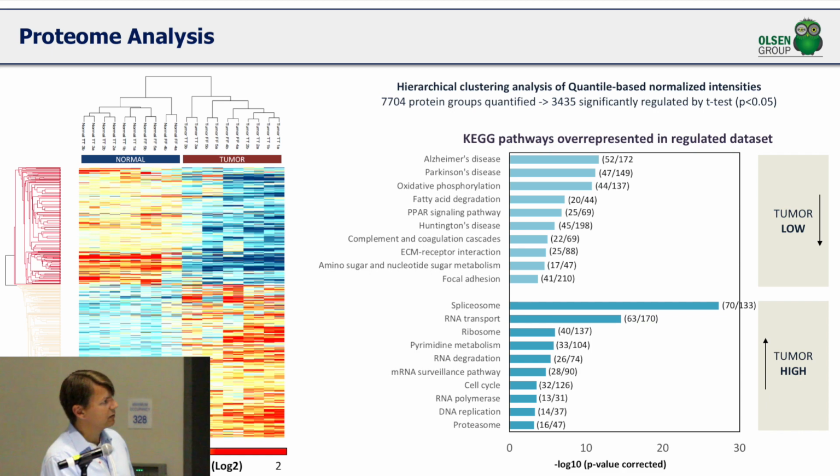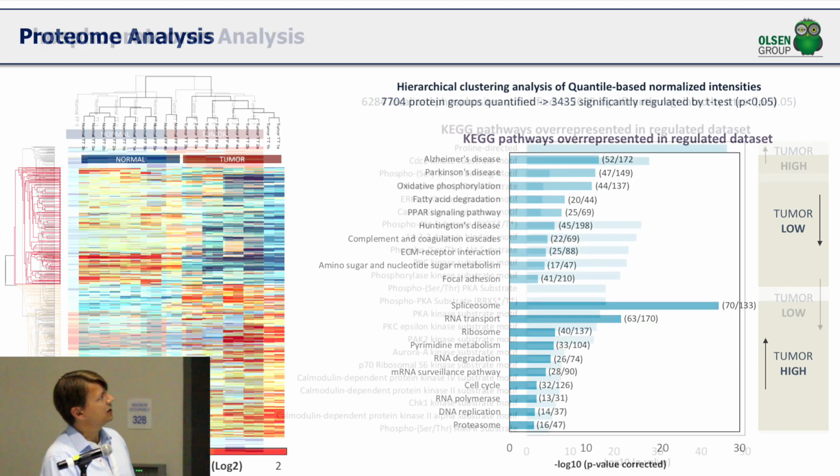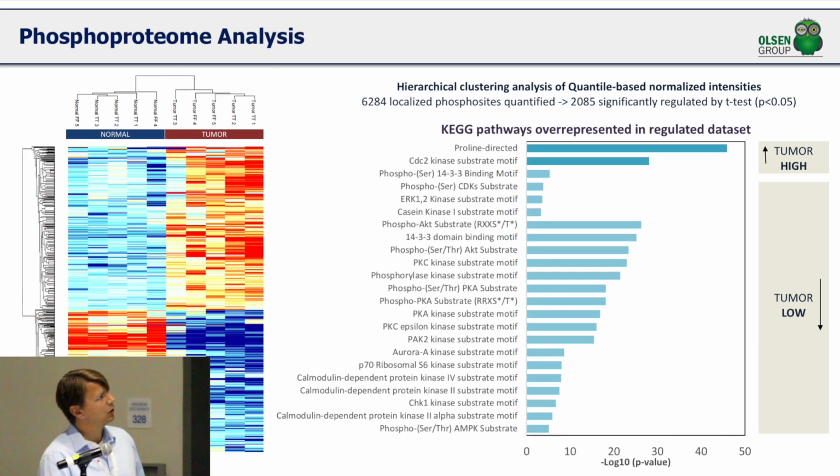proteins. And that is also reflected in the phosphoproteome, where, using the same strategy, we can actually identify and quantify more than 6,000 localized phosphosites from this very minute amount of material, and more than 2,000 of them seem to be significantly regulated between the tumors and the healthy condition.